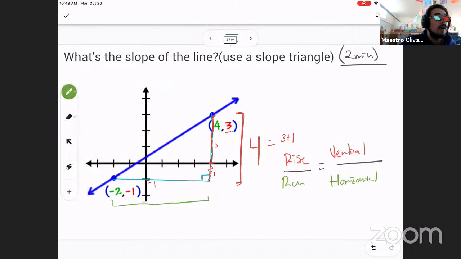Now let's look at the horizontal distance, and I'm going to use the color green for that. Between -2 and 0, that's this distance here, okay? Between -2 and 0, that's 2.